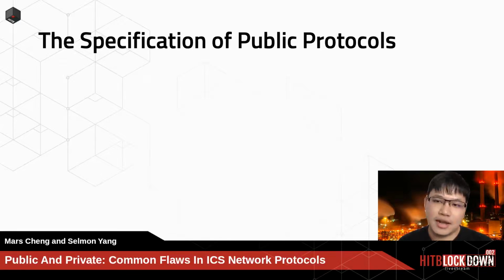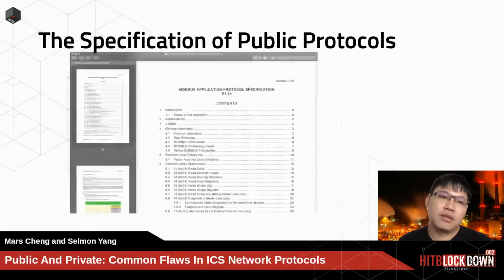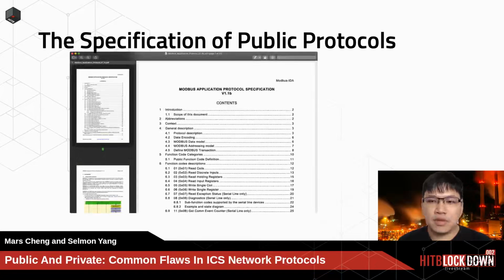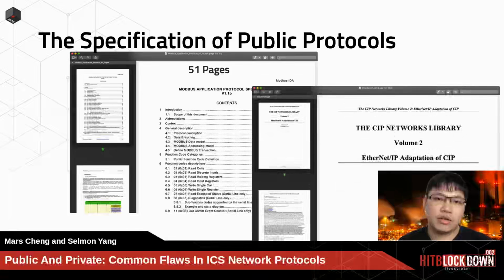I'm sorry to say that the specifications of the open protocols, the public protocols, are very painful to read. For example, the simplest Modbus protocol has 51 pages of related reading. And EtherNet/IP volume 2 has 355 pages.